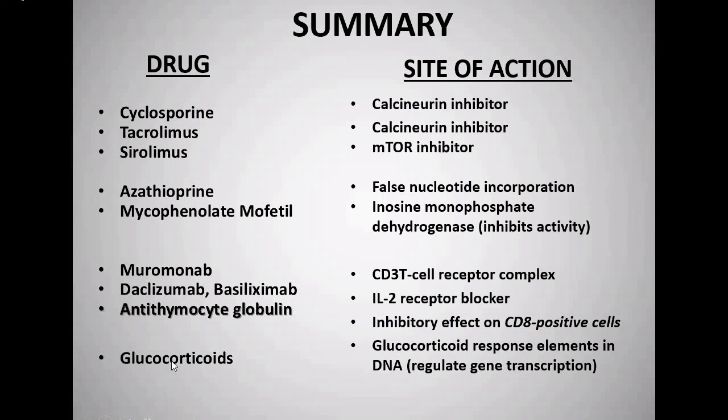Lastly, we discussed the glucocorticoids, which are not the main drugs, but they can be used as combination therapy because they depress the immune system somehow. They can also regulate gene transcription. So they are the co-player with this immunosuppression.